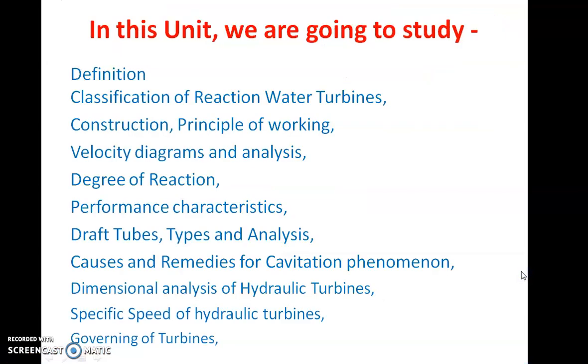Basically in this unit we are going to study the definition of reaction turbine, classification of reaction water turbine, construction, principle of working, velocity diagram and analysis of reaction turbine, the term degree of reaction specially used in reaction turbine, performance characteristics of all the hydraulic turbines, draft tubes, types and analysis which is specially used in reaction turbine, causes and remedies for cavitation phenomenon which is occurring in reaction turbine, dimensional analysis of hydraulic turbines, and specific speed for all the hydraulic turbines.